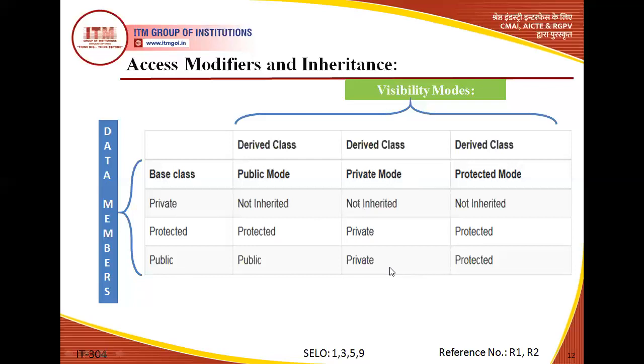So you can relate that if you inherit things privately, then except the private data members, all other types of data members will go into the private section of the derived class. And you better know what the meaning of this is.